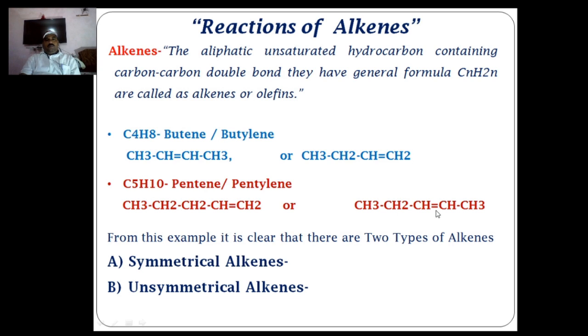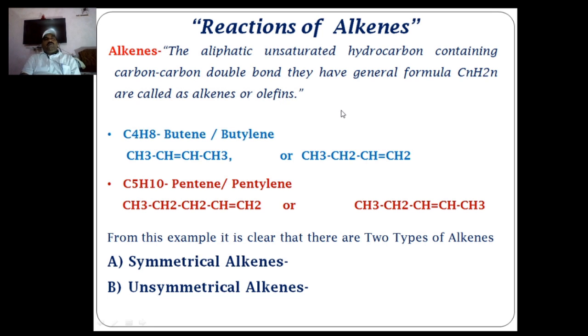That means when both sides of the double bond have the same number of atoms, such an alkene is known as a symmetrical alkene, while when both sides of the double bond have a different number of carbon atoms, that means unequal atoms, such an alkene is known as an unsymmetrical alkene. So from this example it is clear that there are two types of alkenes: symmetrical alkene and unsymmetrical alkene.